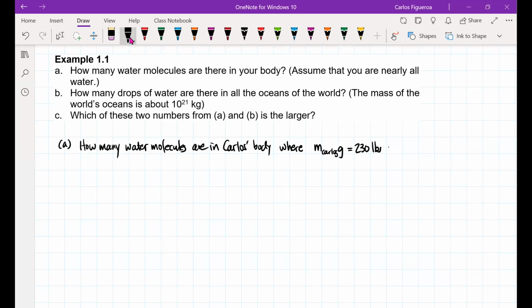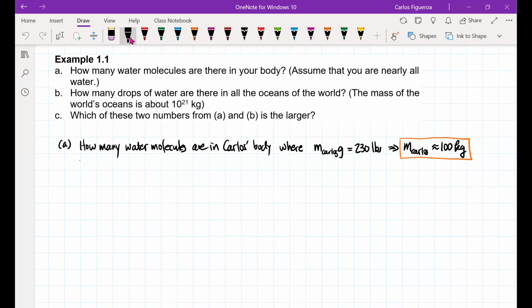I'm going to approximate that the mass of Carlos is about 100 kilograms. And again, this is assuming that this is all water. It's an approximation.